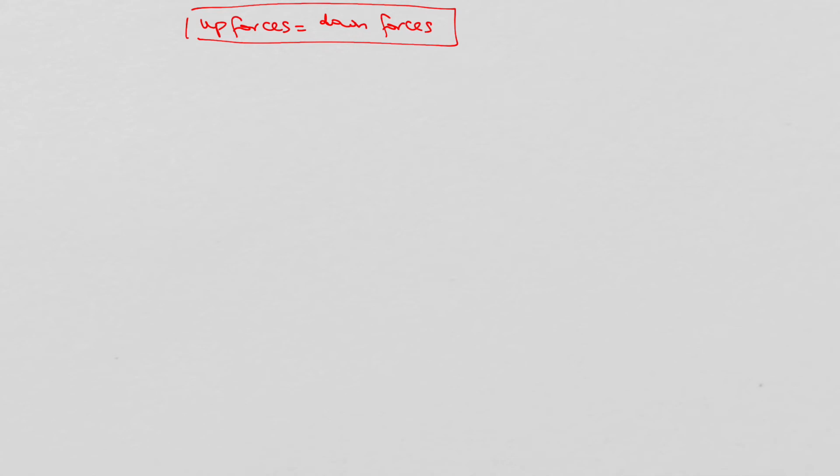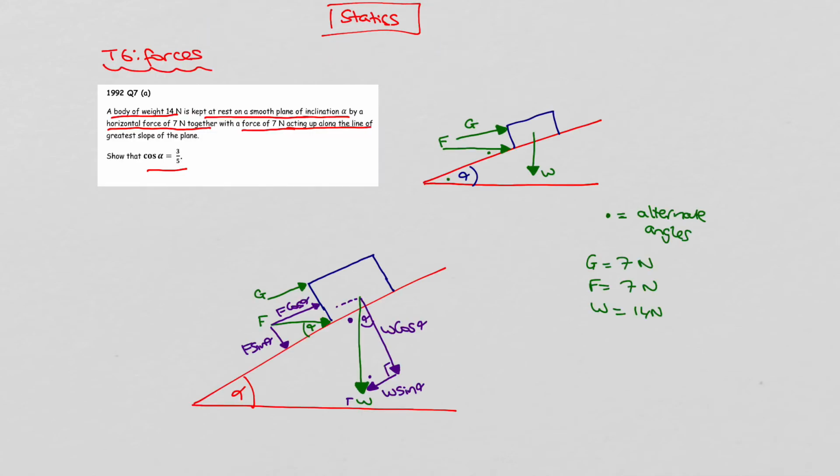If we look at our diagram, these are the forces that are perpendicular to the plane. I can see the forces perpendicular to the plane are F sine alpha and W cos alpha. We're missing one more force, and this is our contact force, which is of course the reaction force. Our reaction force, which I should have in the first diagram as well, is perpendicular to the plane also.